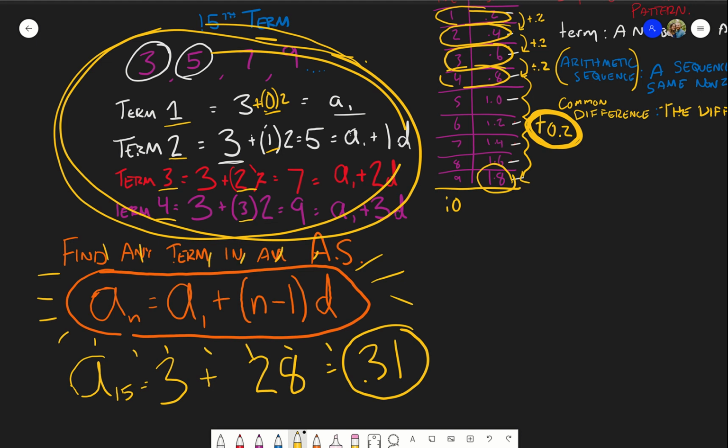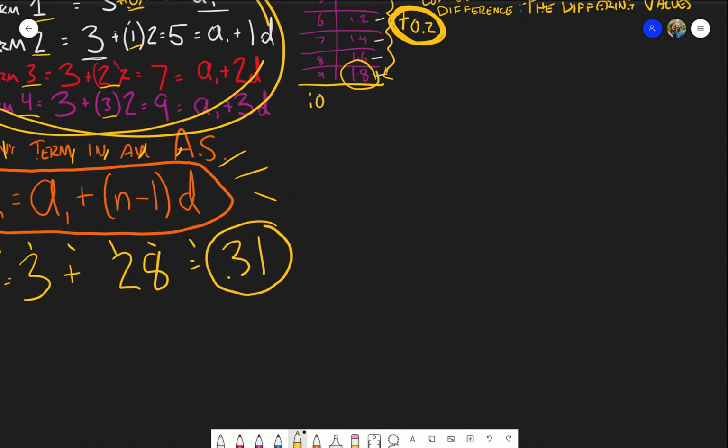So if I were to say something like, all right, I have a sequence that is 5, 2, -1, -4, and I want the 22nd term. I would say, all right, well, let's look for a couple things.